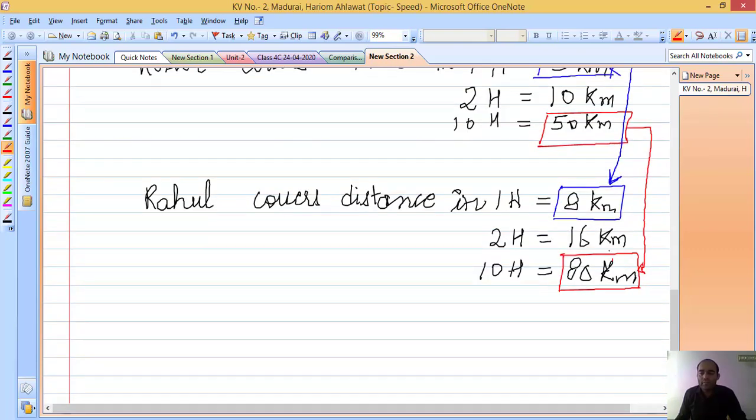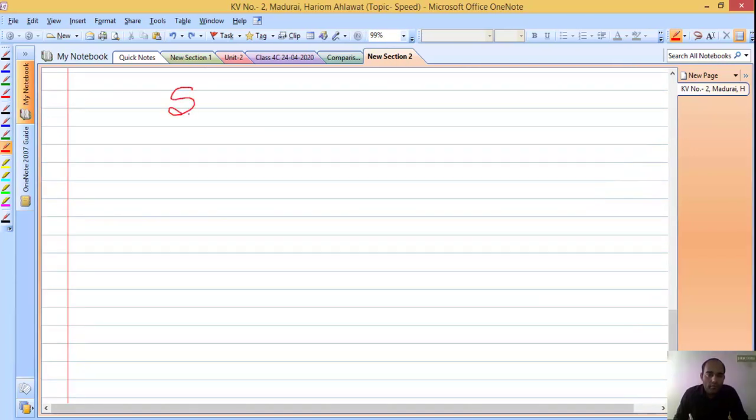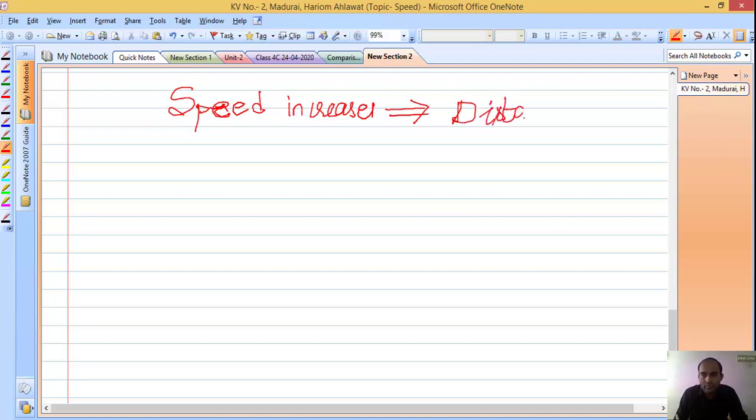So with the above two examples, we can understand that when the speed increases, distance increases.